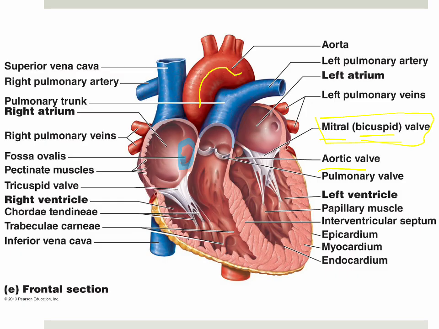Tucked behind these two structures, you will see the interatrial septum. So this division is between the right atrium and the left atrium. This fossa ovalis is just a little membrane that is going to close once we are born. Okay, so the mixing of the blood doesn't happen because we don't need that anymore.